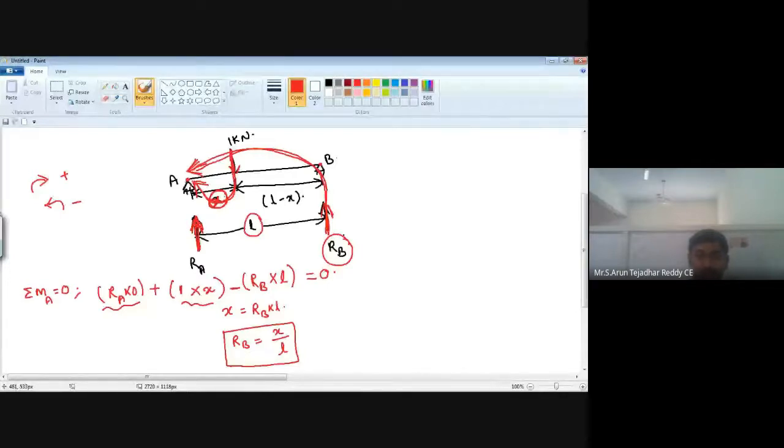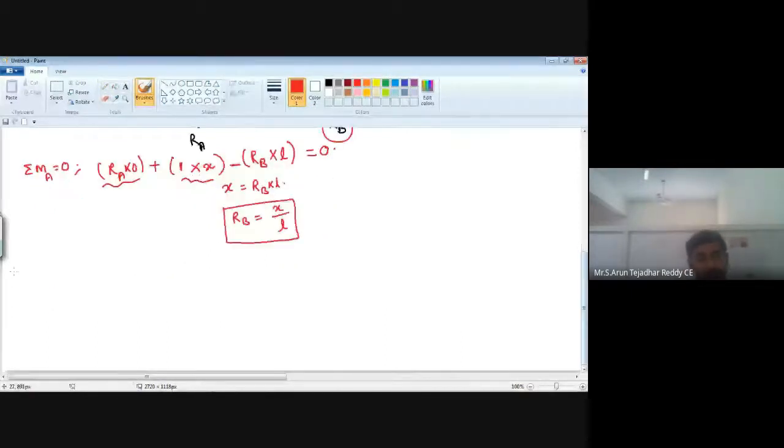So here I will be applying the summation of all vertical forces is equal to 0, that is Fy is equal to 0. What is the sign convention when we are calculating vertical forces? Upward is positive, downward is negative. That is our sign convention.